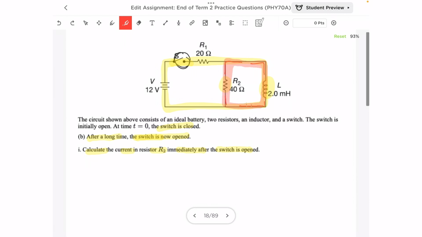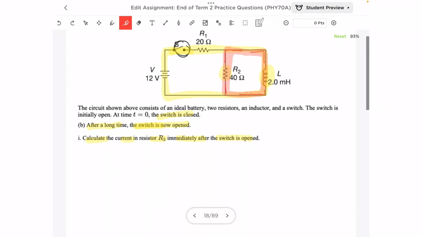Now we need to remember that an inductor almost provides like an electrical inertia in a circuit. It does not want any changes in the current in the circuit, and therefore it creates its back EMF to prevent any changes in the current.